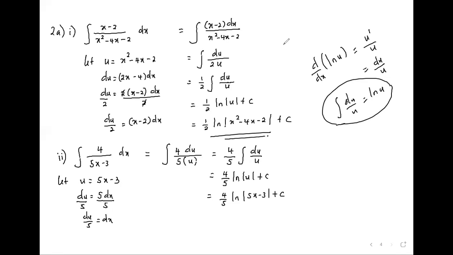Question 3, that should be trig substitution. And then 3B, that's partial fractions. What about 3C? 3C is magic substitution. And then 4A, again, a mixture of functions by parts. Then the reduction.